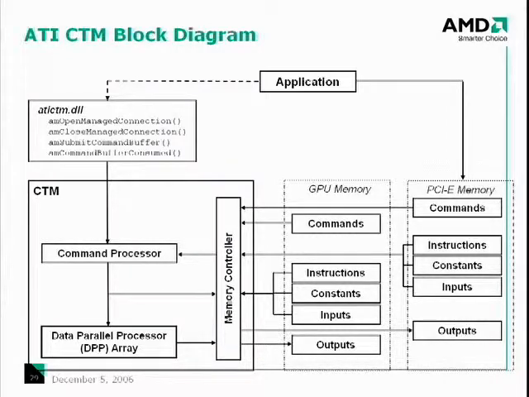Now, I want to make clear here that there's in a way 2 things going on. There's commands that come into the command processor and send control around this thing, and that also tells the programs when to start. The programs that this thing runs are not these commands. They are these instructions over here.